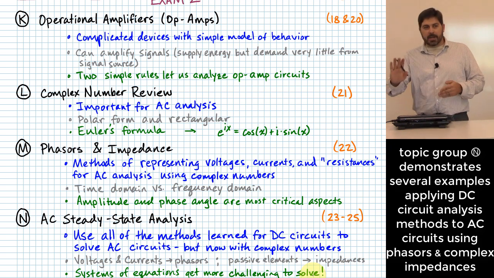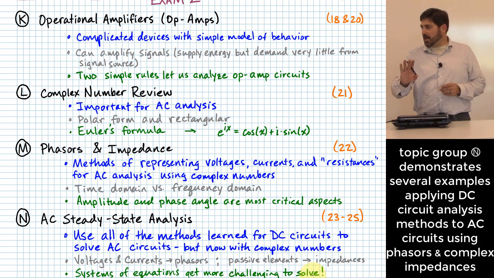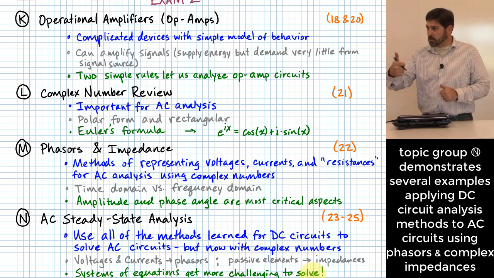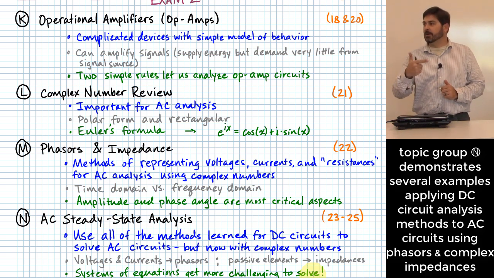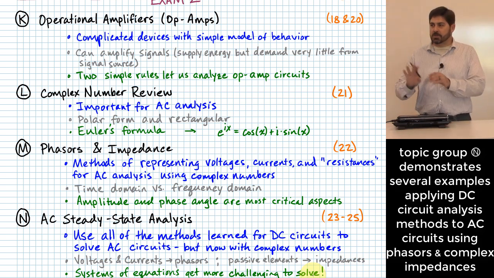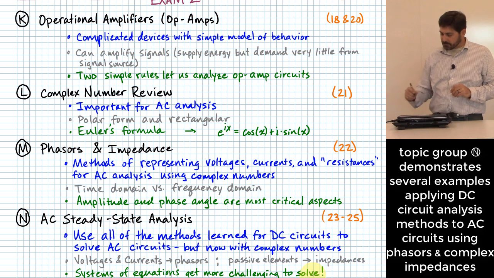When you go to complex numbers, that gets more tricky. You can't use the calculator in that way anymore. That's the bad news. The good news is your calculator actually does have a lot of tools built into it that can sort of automate a lot of the arithmetic that you have to do with your complex numbers. It can do things like store complex numbers and do complex arithmetic for you. So those things it can do, it just might not be able to solve a big system of equations.